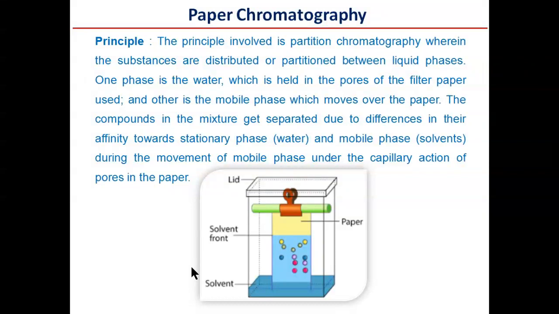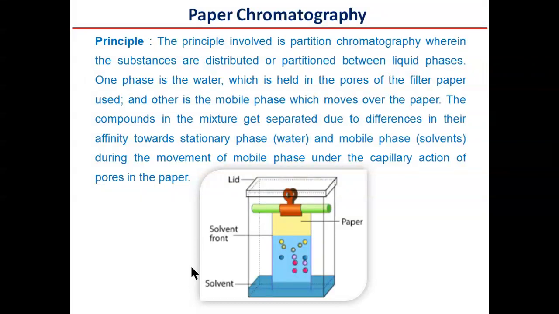The principle involved is partition chromatography, wherein the components of the mixture are distributed or partitioned between liquid phases. One phase is the water, which is held in the pores of the filter paper used, and the other is the mobile phase, which moves over the paper.